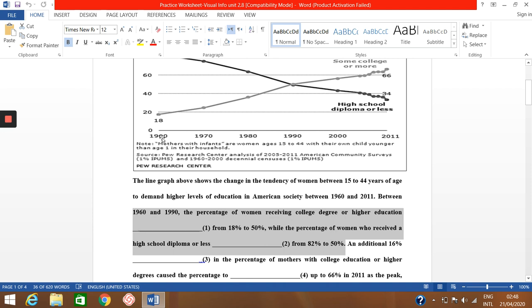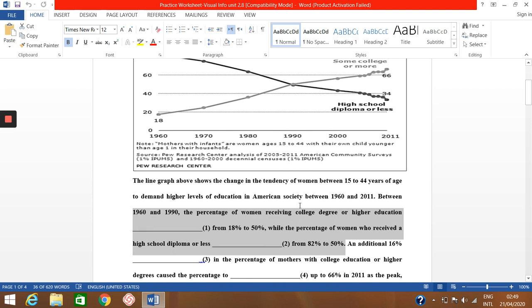We have to use these verbs or tenses simply because we are describing an event that happened in the past. As you can see, now we are in the year 2020, but we are talking about something that happened in the period between 1960 to 1990. So through the whole description you're going to use here, you have to use simple past tense.